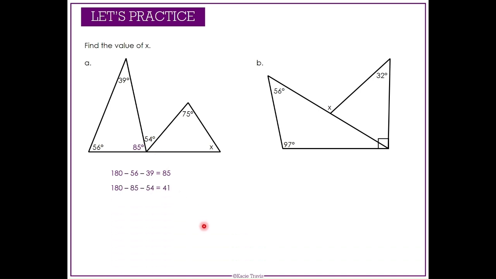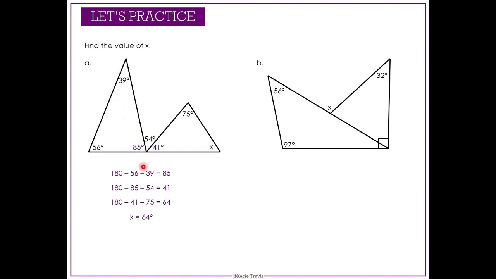So I'm going to take 180 again and subtract 85 and 54 to get 41, which is this angle right here. Now once I got those, I can then subtract 41 and 75 from 180, and that'll give me x equaling 64, which is this angle here.